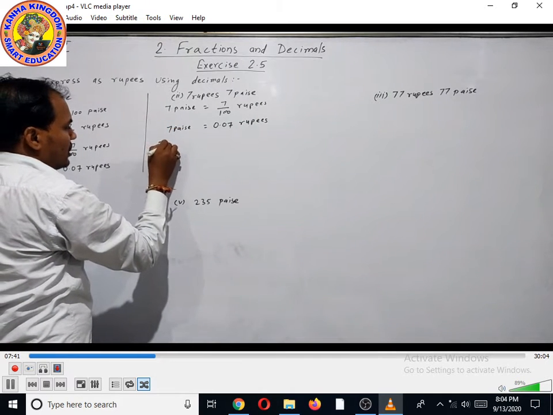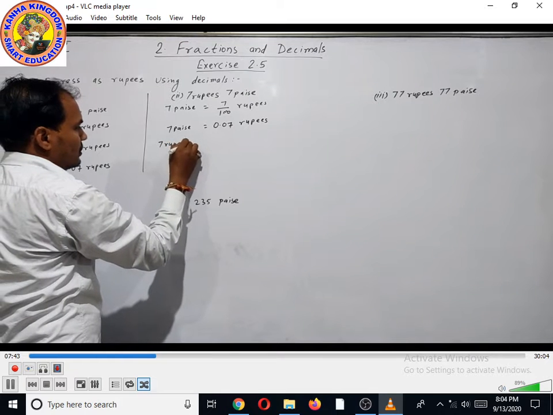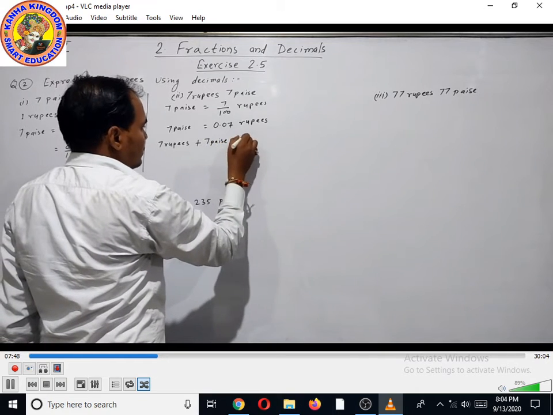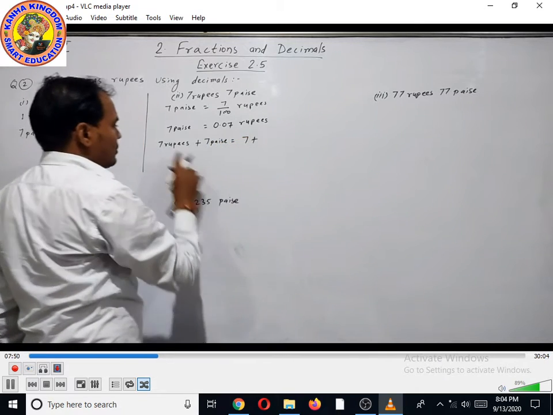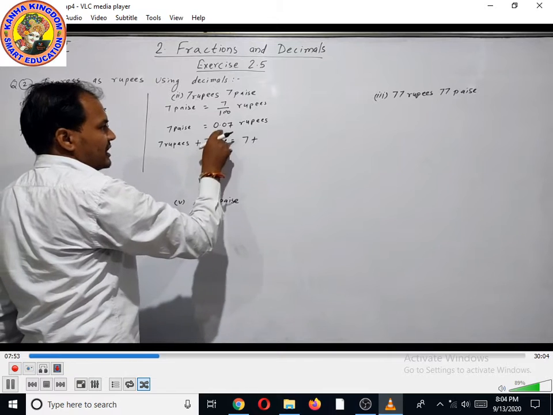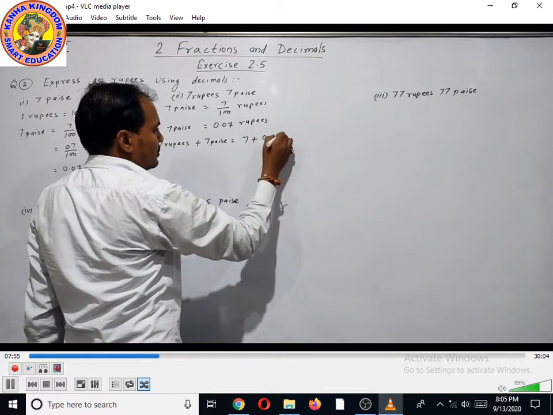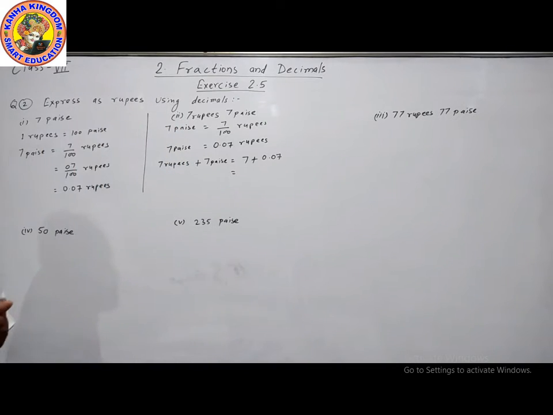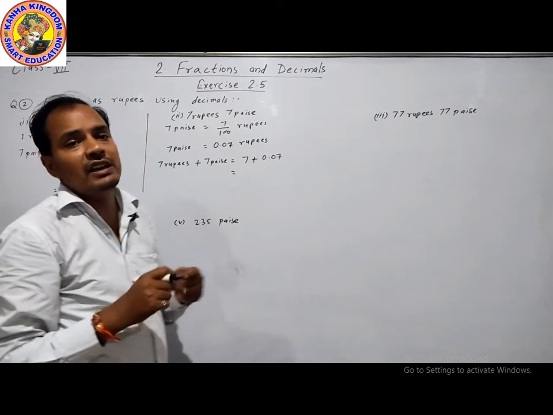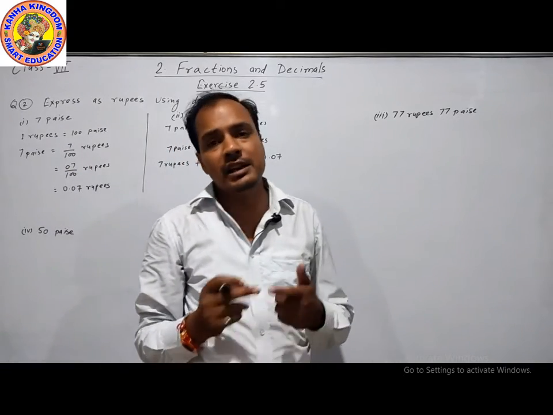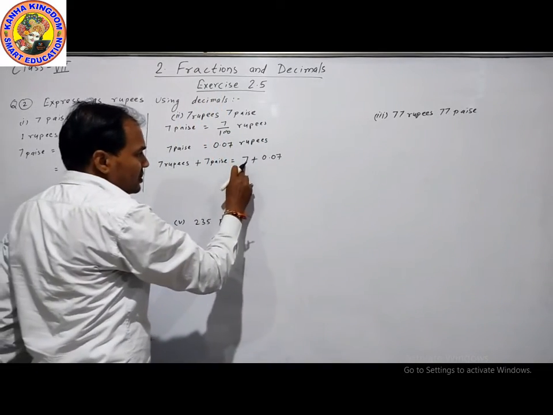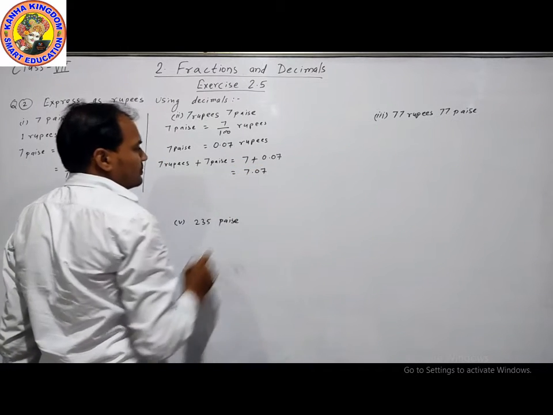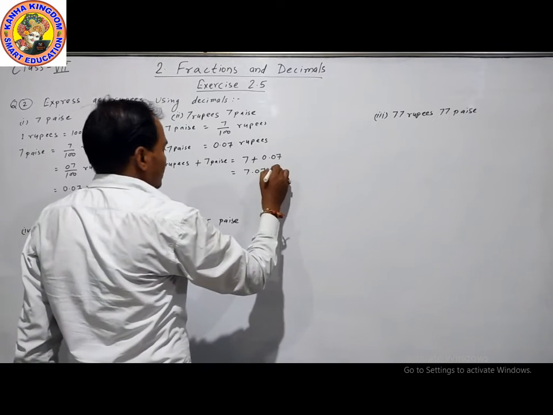So 7 rupees plus 7 paise is 7 plus 0.07. Now when adding the numbers, integer will add with integer, and decimal will add with decimal. So the integer part 7 plus 0 is equal to 7, and the decimal part gives 7.07. The answer is in rupees.